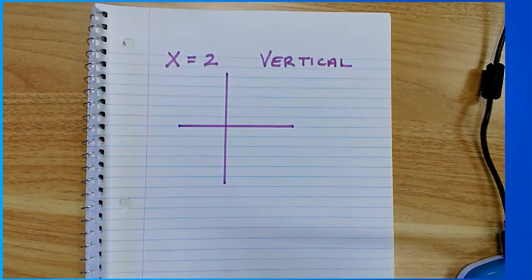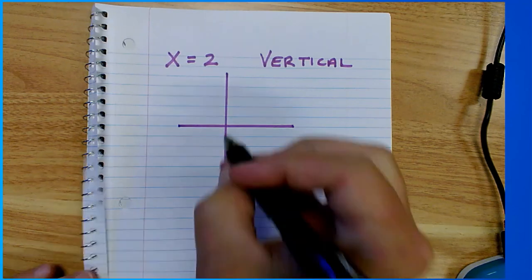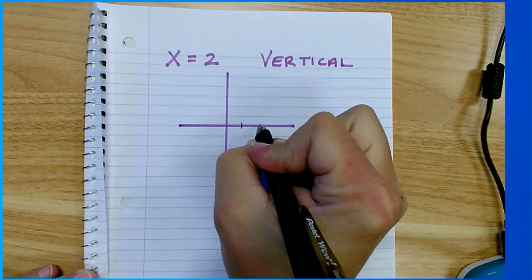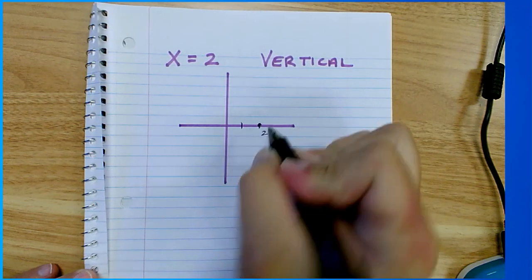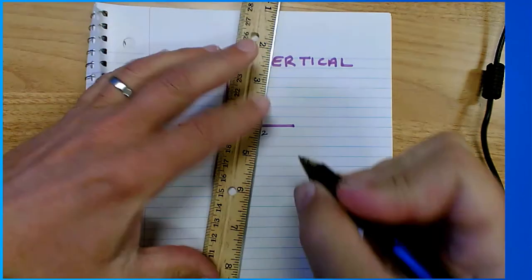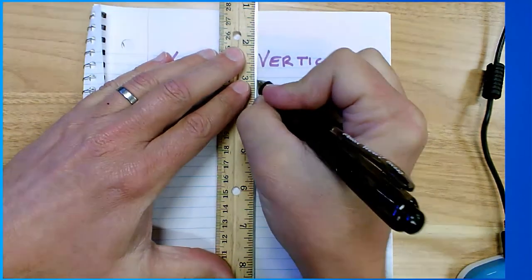I come over here to x equals 2. I put a point, and I draw a vertical line through it.